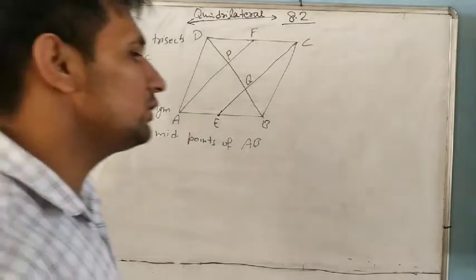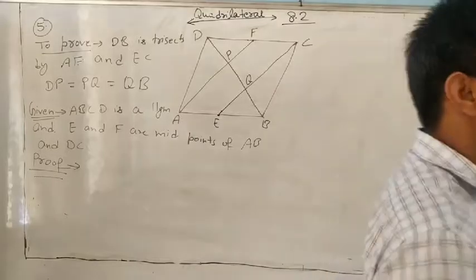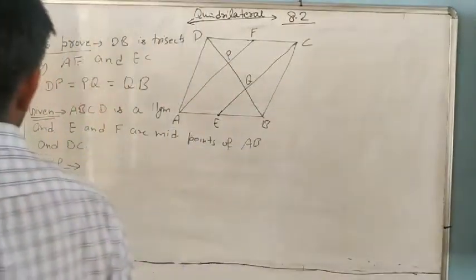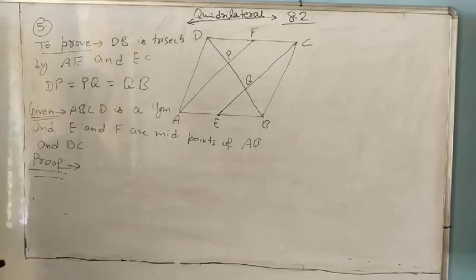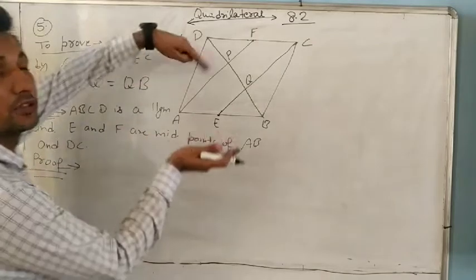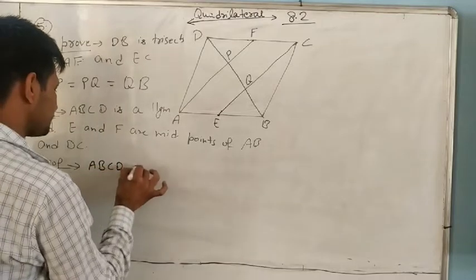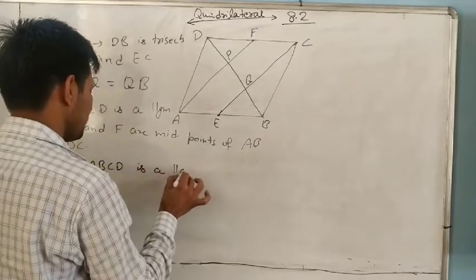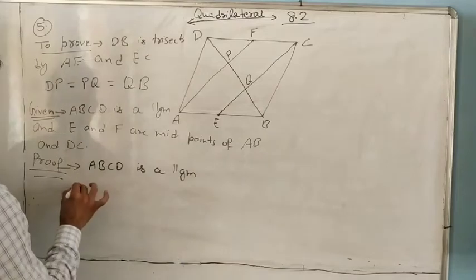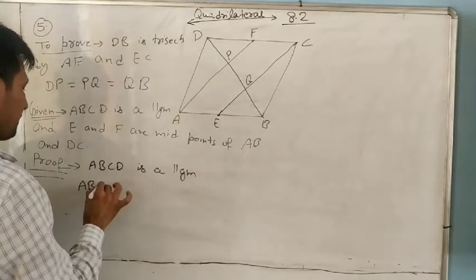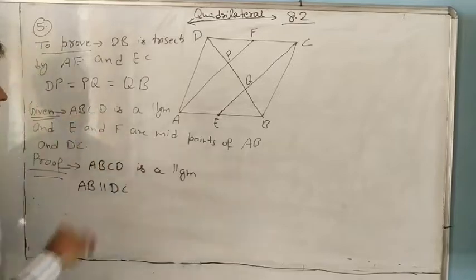So, it is given as a parallelogram. It means we have to use the properties of a parallelogram. We know if ABCD is a parallelogram, opposite sides are equal and parallel. So AB is parallel to DC.